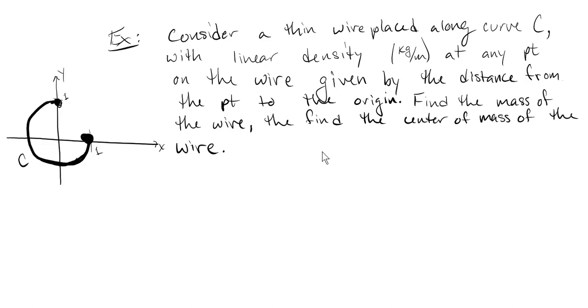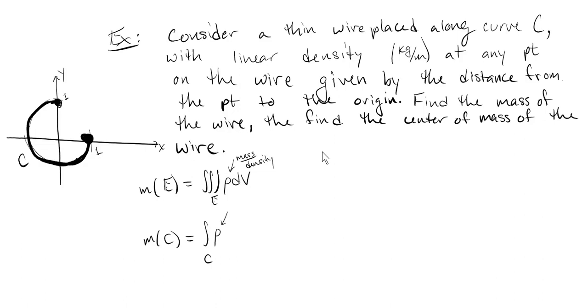So we haven't done stuff like this before, but we've talked about it briefly. We saw that for a solid region E, the mass of it was equal to the triple integral over that region of its density function. Right? That was a mass density. Well, now we're saying the mass of this wire placed along curve C should be a line integral over C of the same sort of thing, except now it's not a volume, it's a one-dimensional object.